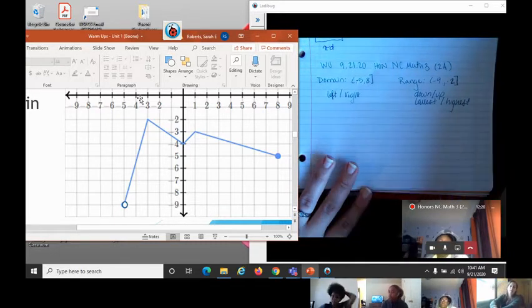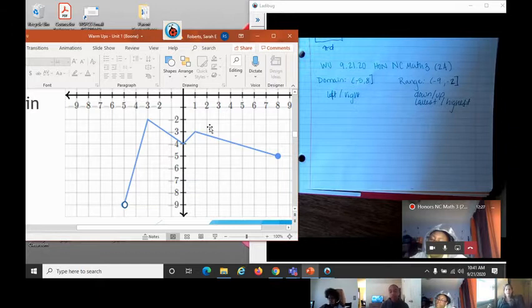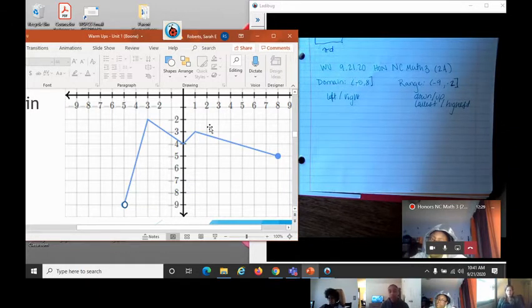So we start low, then go high for range. Okay, questions on that warm-up before we take notes for today? If there are no questions, we'll go ahead and take notes.